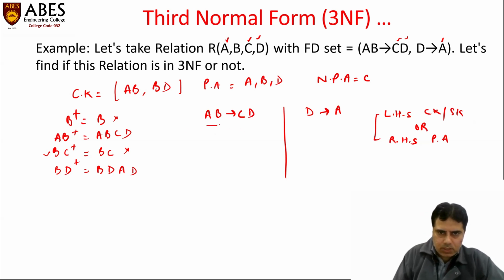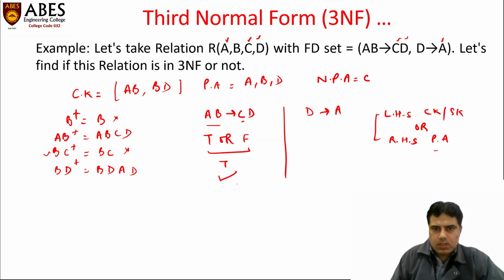Now check for AB. AB is the candidate key, true. Or CD: C is a non-prime attribute and D is a prime attribute, so we consider this as non-prime, so this is false. But the left side is true, so true or false is true. So this is in 3NF.